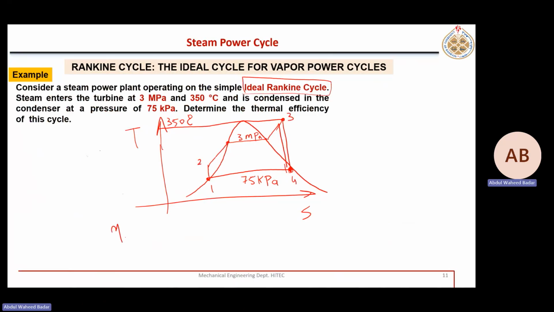Find out its efficiency. Efficiency is 1 minus Q out over Q in, or W net over Q in.